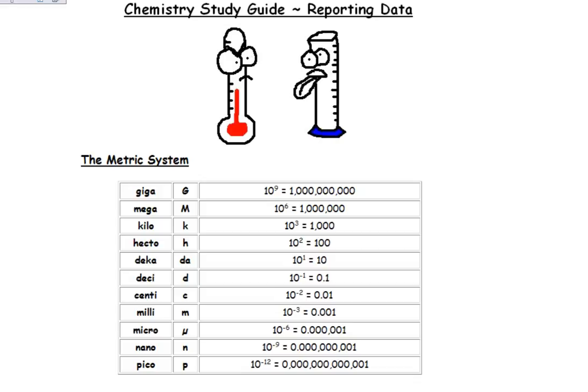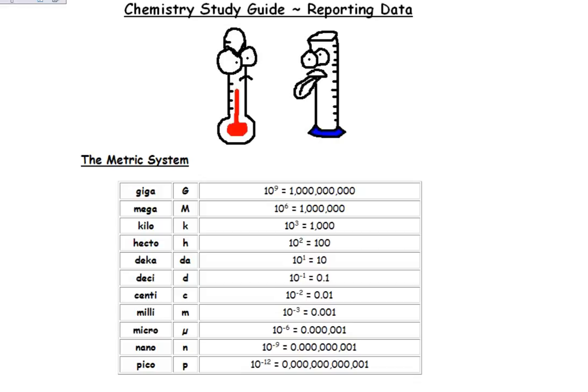The second study guide is going to be on reporting numerical data, quantitative data, data that refers to a specific quantity that was measured in the lab. Good stuff, right? And again, like the last study guide, I'm hoping that a lot of this is review for you. I'm hoping that this is not the first time you're hearing of the metric system.